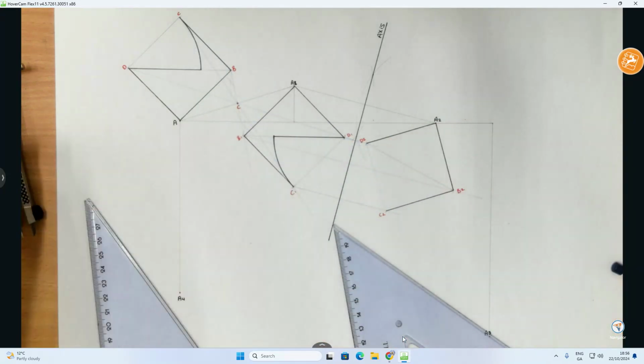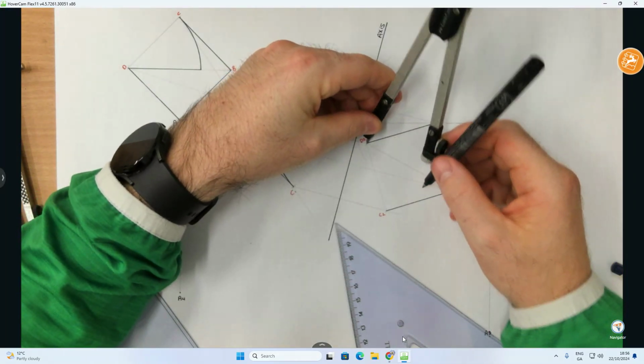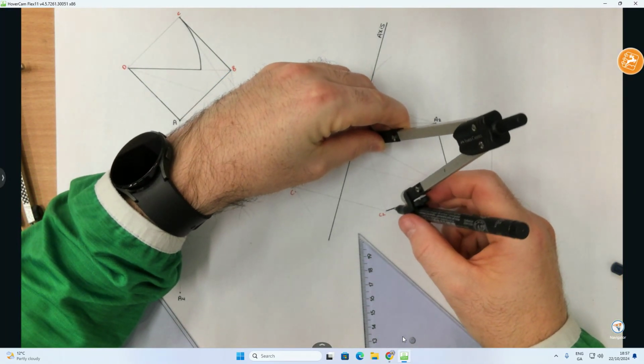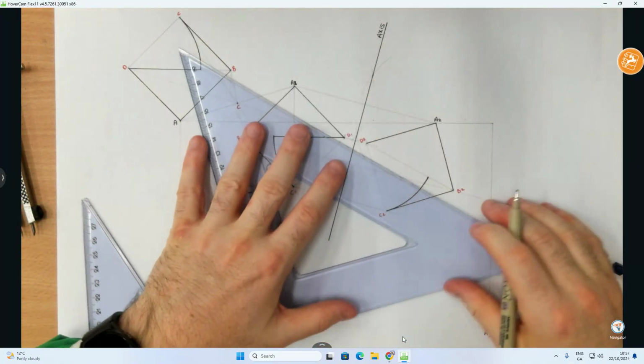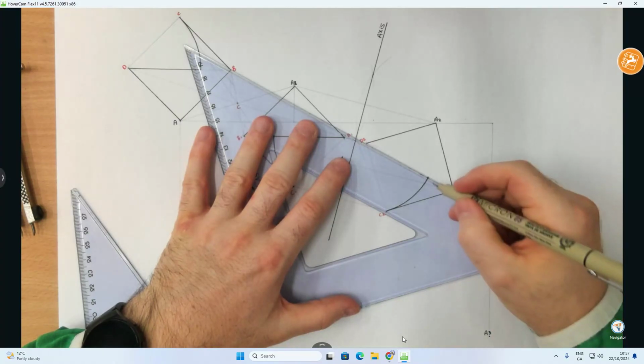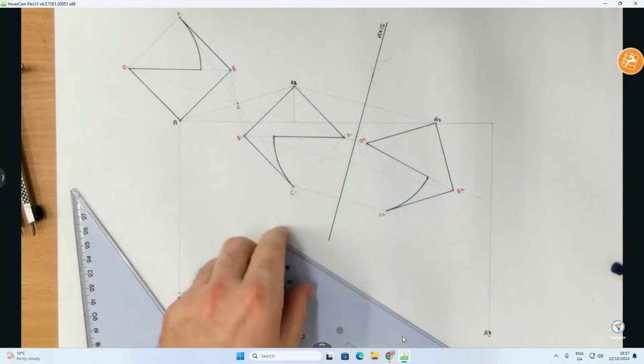And the radius then is going to go from, get my other compass here. D is the center point, C is my radius point. So D is the center, C is the radius. Let's draw it in. And there we go. Now that we've got that done, there is our axial symmetry.